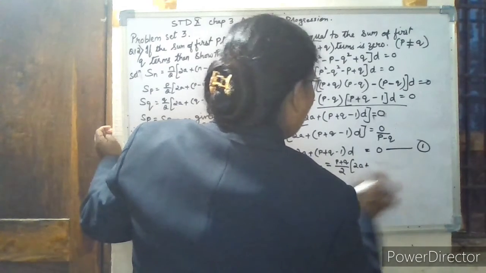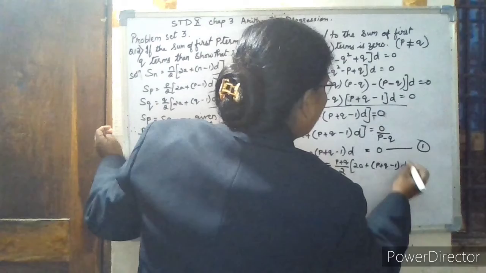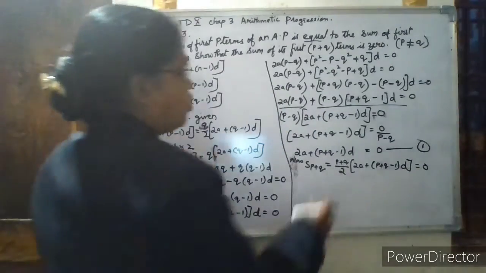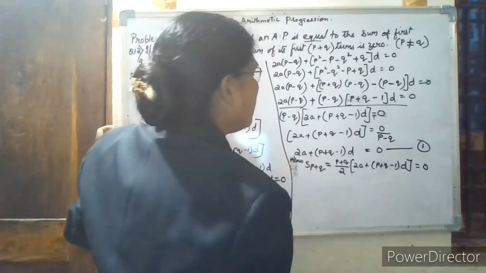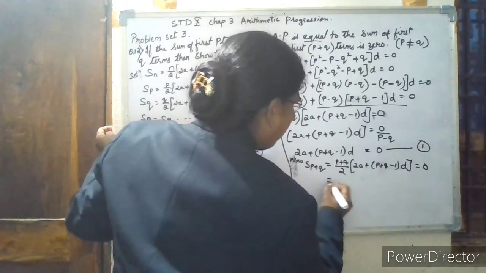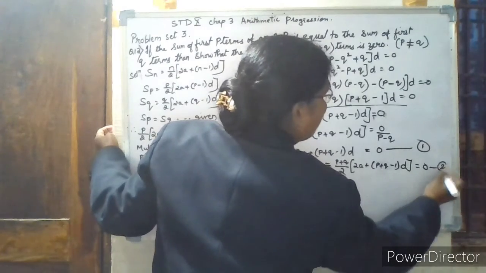N is here p plus q, so p plus q minus 1 into d equal to 0. Now this p plus q by 2 will take to that side. Take this as 0.2.